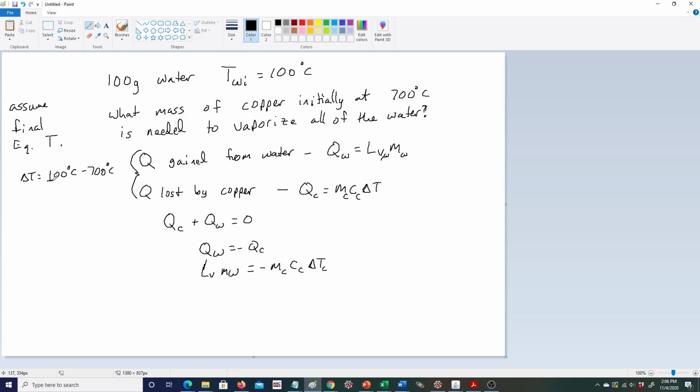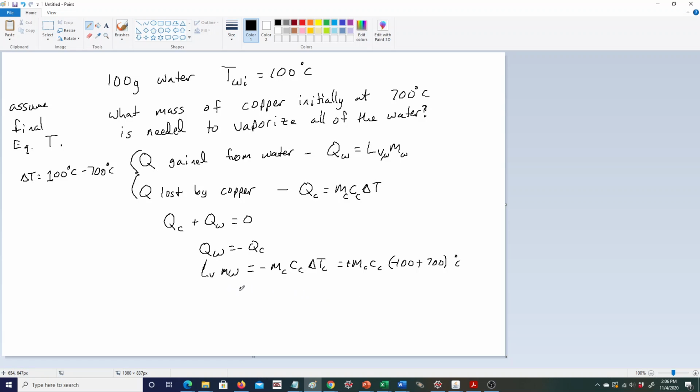Okay. So this is 100 minus 700. That means this negative sign, this minus sign, makes that do that.